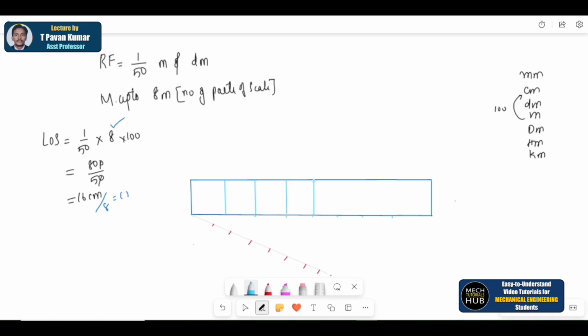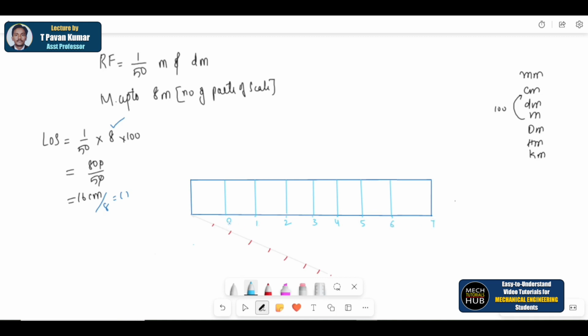I'm dividing the complete length of the scale into 8 parts because the distance to be measured is 8 meters. That is why I'm making 1, 2, 3, 4, 5, 6, 7, 8 parts. The first is 0, then first, second, third, fourth, fifth, sixth, and seventh.